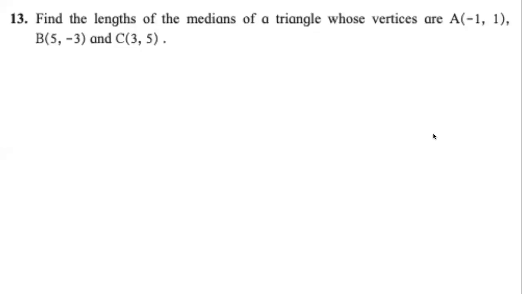Next question, question number 13. Find the lengths of the medians of a triangle whose vertices are given. Let's try to visualize by drawing a rough triangle. This is the triangle that we are talking about.